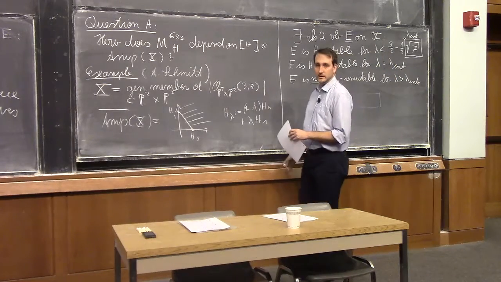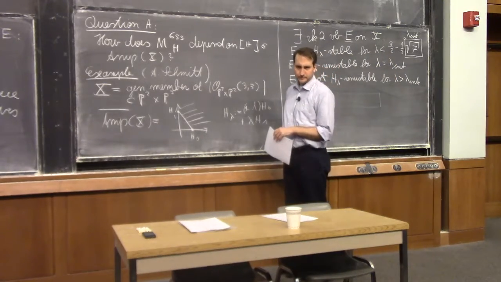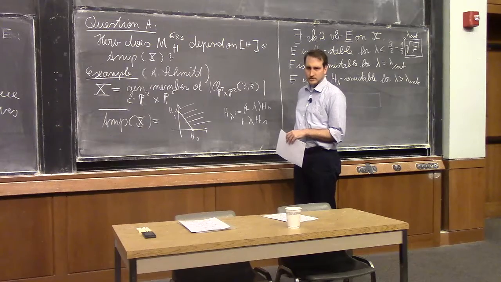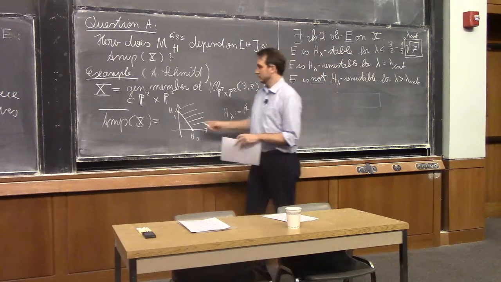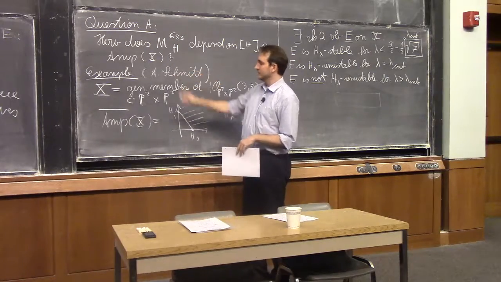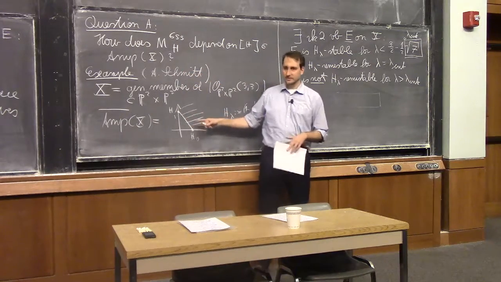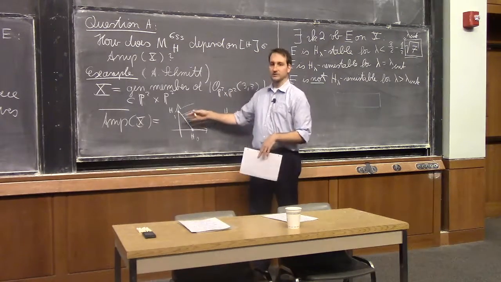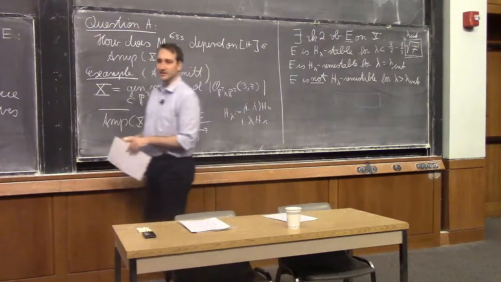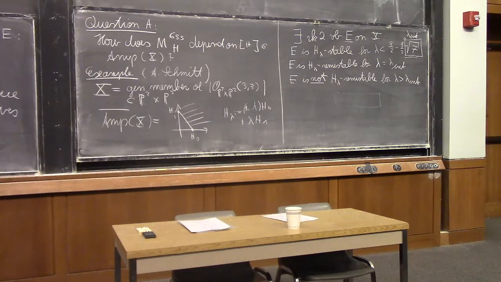Are there examples known where the stability locus isn't even polyhedral? I mean, could you a priori get some kind of non-polyhedral locus? Yeah, so I mean, okay, I will not really talk about this, but if you go to higher Picard rank, this should really be cut out by quadratic equations. And so why is that? At first it seems surprising, but if you look at this, you see that this is not a very special example.